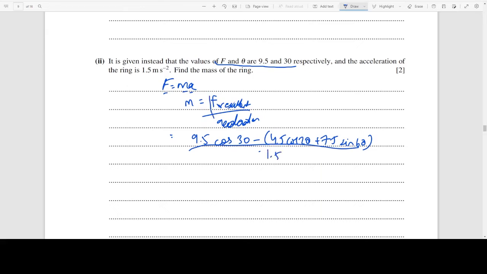Again, we are just concerned with the magnitude, so we'll just use the magnitude, not the direction. This is going to be cos actually, because we are considering the vertical.